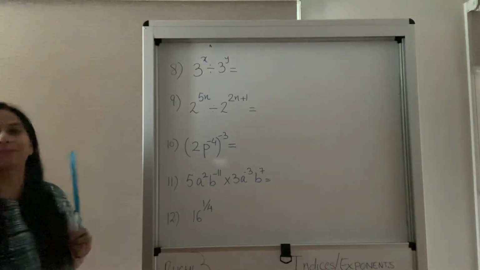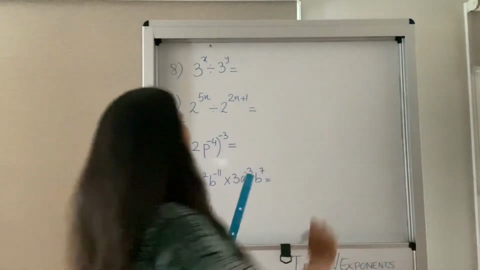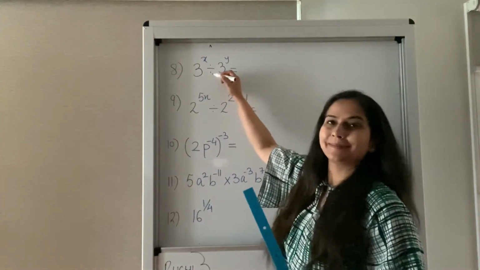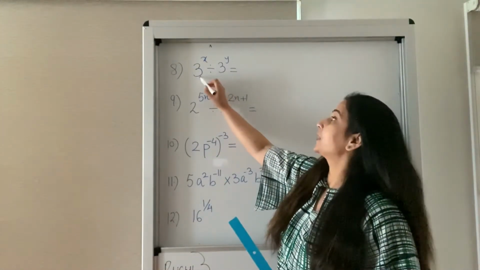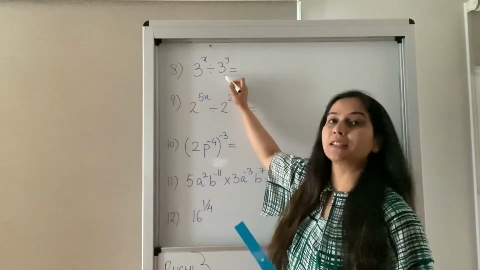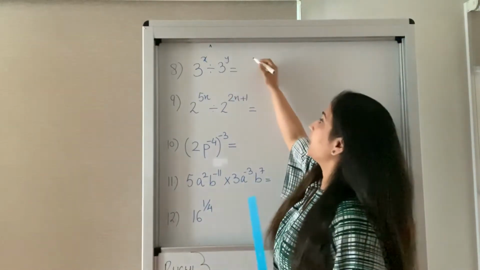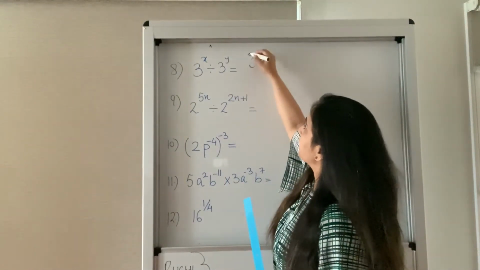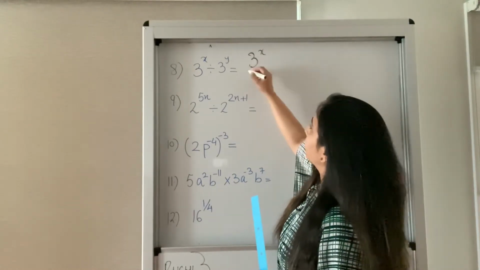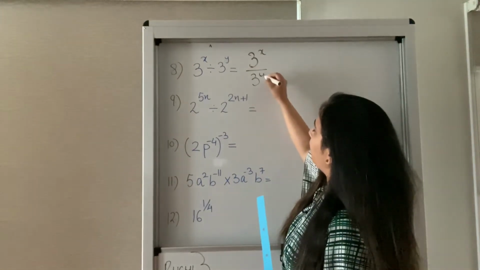Yeah, a few more. So now this one, again, division. You know the law, and you can see both of them have the same base. So one way, if you want to go step by step, is to write it as 3 over 2 to the power x and 3 to the power y.